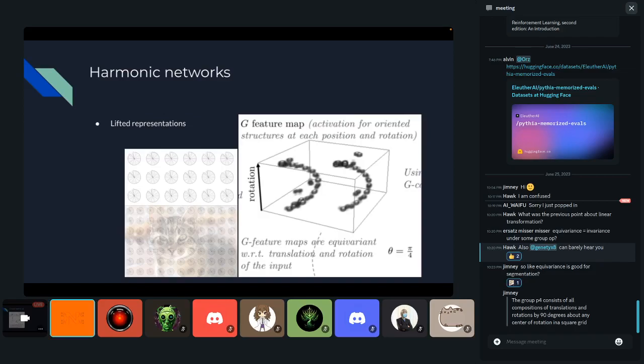Okay, so let's go back to harmonic networks. Harmonic networks use group theory and circular harmonics to create an equivariant feature mapping and then use it to make an invariant function. What harmonic networks do is use the lifted representation trick.